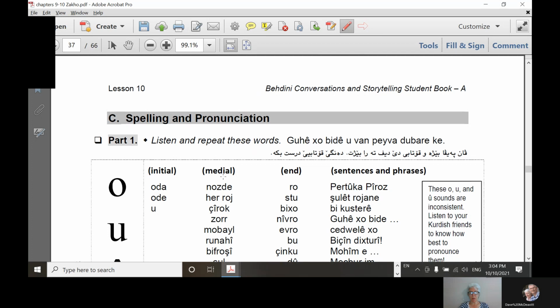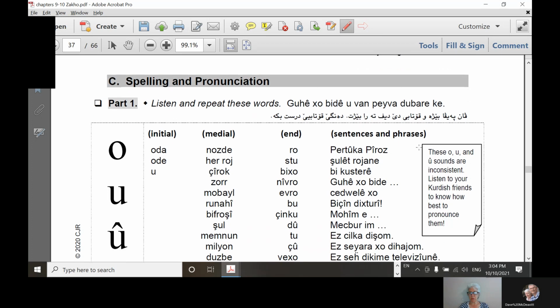And just one thing to note about O, U, and U, these sounds are inconsistent in Kurdish. So you really need to listen to your Kurdish friends to know how best to pronounce them. So they will differ from speaker to speaker. We have very few O sounds, O-da, O-da.